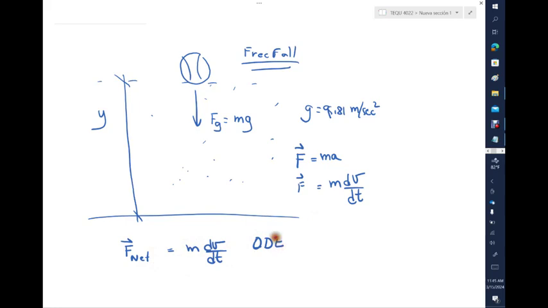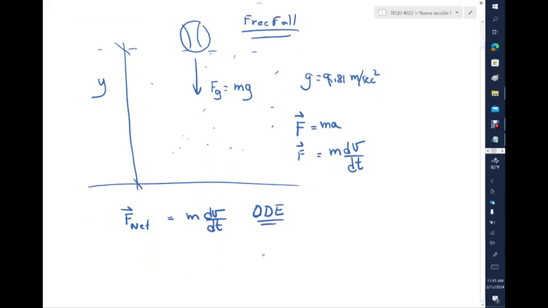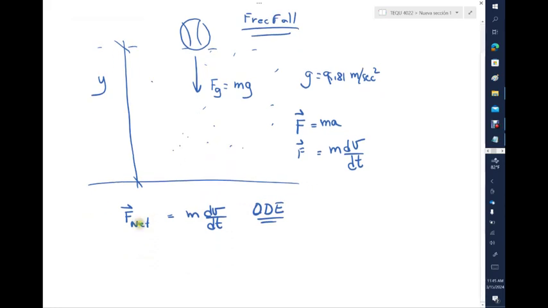Now, if we apply the net force, and we assume it's positive going down, then the net force is positive mg. There is nothing holding down the free fall. That means mg must equal m times the change of velocity divided by the change of time.